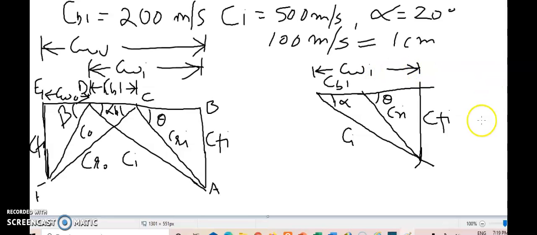Now as we have obtained this triangle, by measuring the length of this, we will obtain CRI. By measuring the length of this B to C distance, we can have the distances, and further by multiplying the distances by 100 we can have the velocities CFI, CRI and CWI, and by measuring this angle we can have the blade angle at inlet theta.